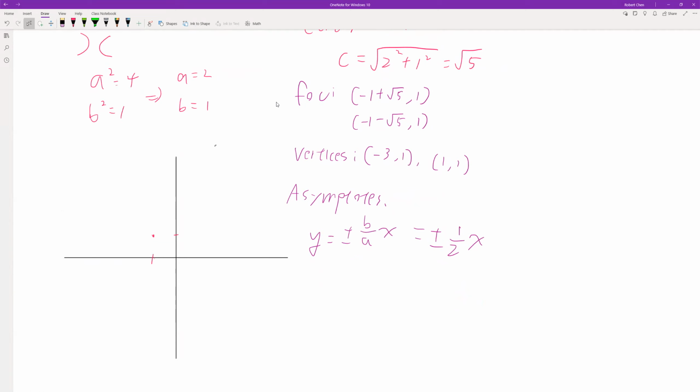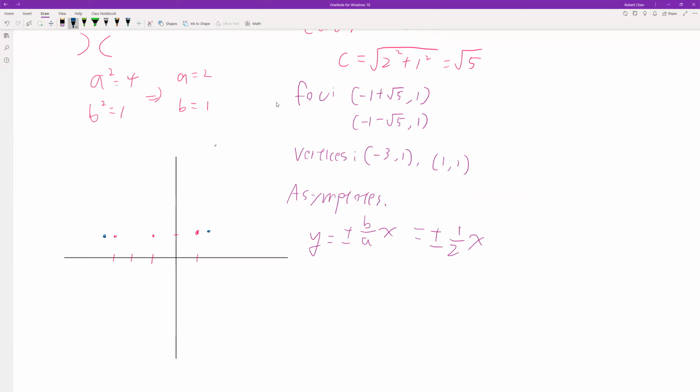Okay, and the vertices, -3, 1, and 1, 1. Okay, so vertices. That's where our curves are going to cross. Okay, and foci, -1 plus radical 5. So radical 5 is 2 point something. So it's going to be 1 point something. Just say it's about here and here. All right, the 2 foci in blue.